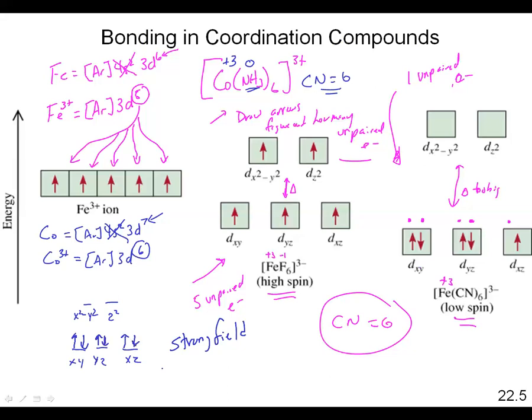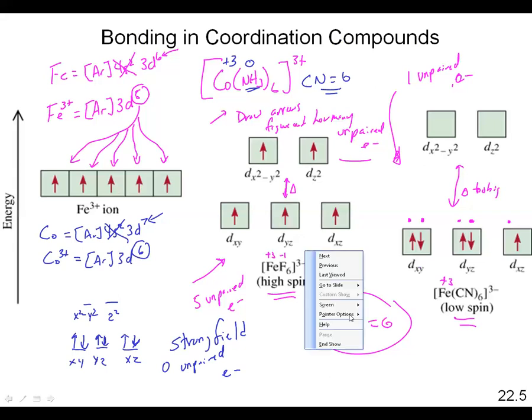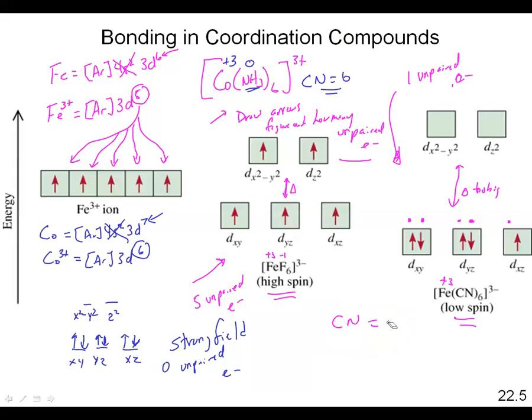And you're going to end up with 0 unpaired electrons in this case. Any questions on that? So again, probably a little bit more towards strong field.